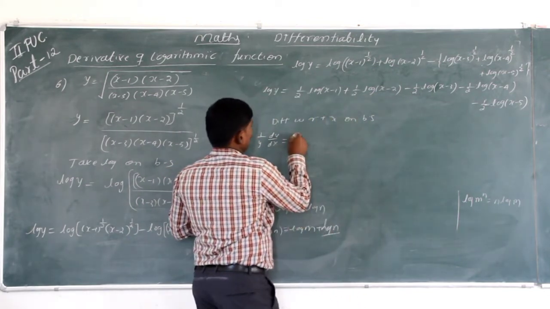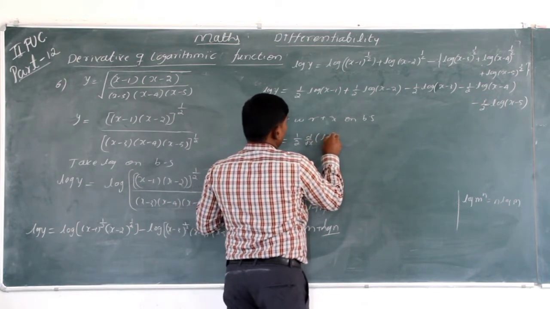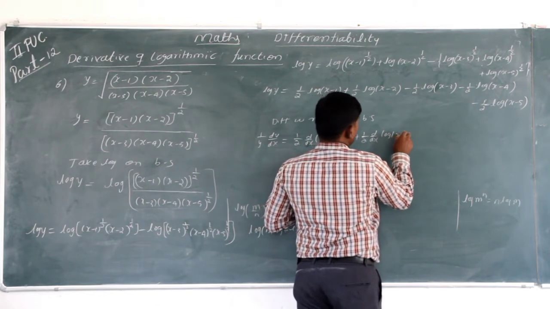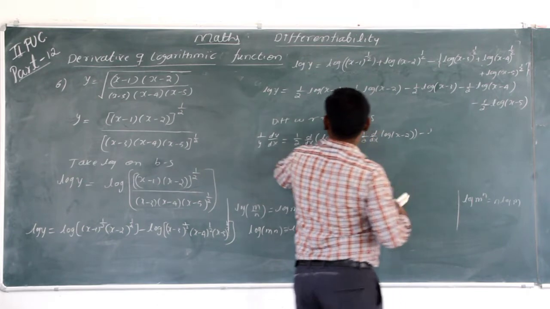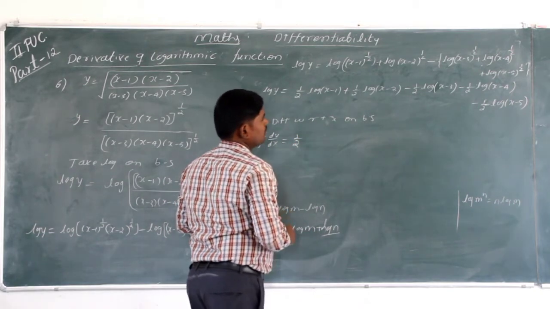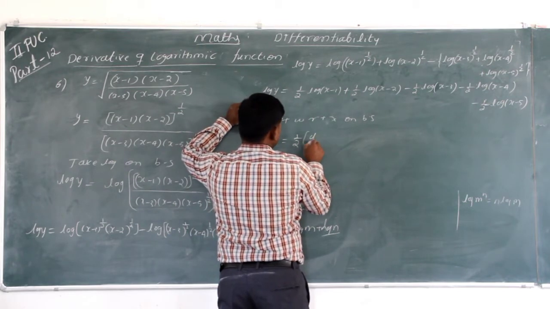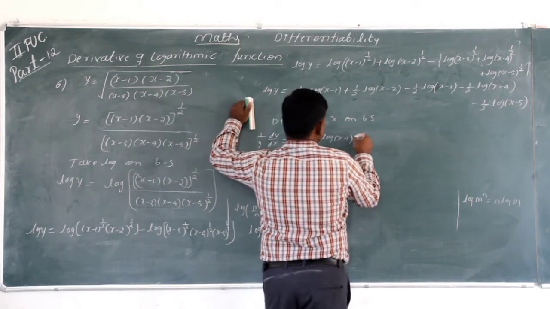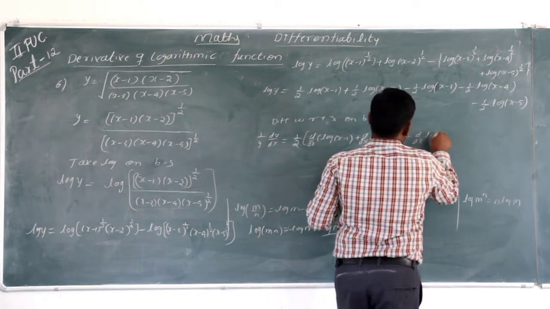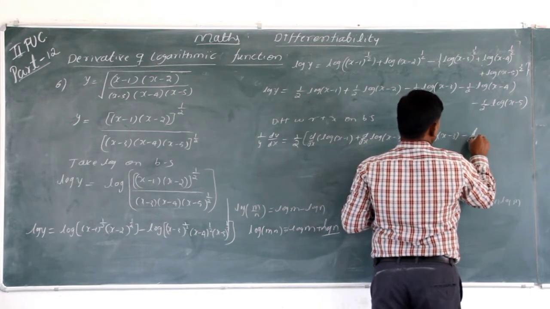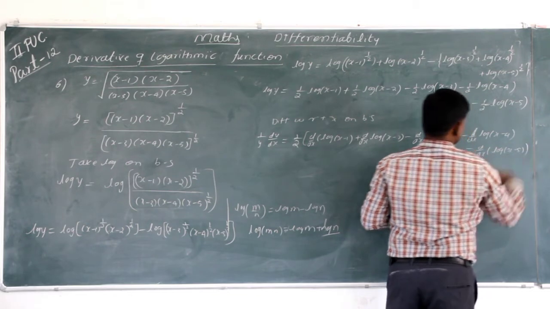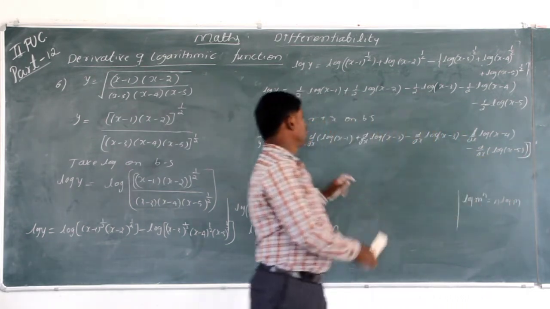So separately, that is 1 by 2 into d by dx of log of (x minus 1) plus d by dx of log of (x minus 2) minus d by dx of log of (x minus 3) minus d by dx of log of (x minus 4) minus d by dx of log of (x minus 5), and close the bracket here, because 1 by 2 I am taking outside.